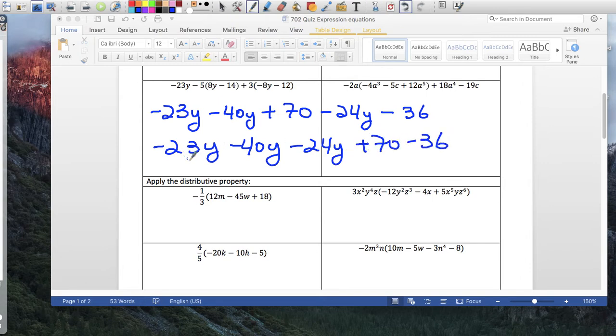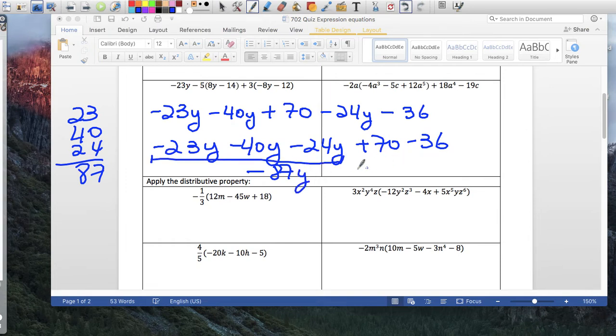So it's negative 23 plus negative 40 plus negative 24. So you're adding all these negatives together. So that's all going to be negative 87y. 70 minus 36 is more positive, so it's going to be a positive 34. Okay.